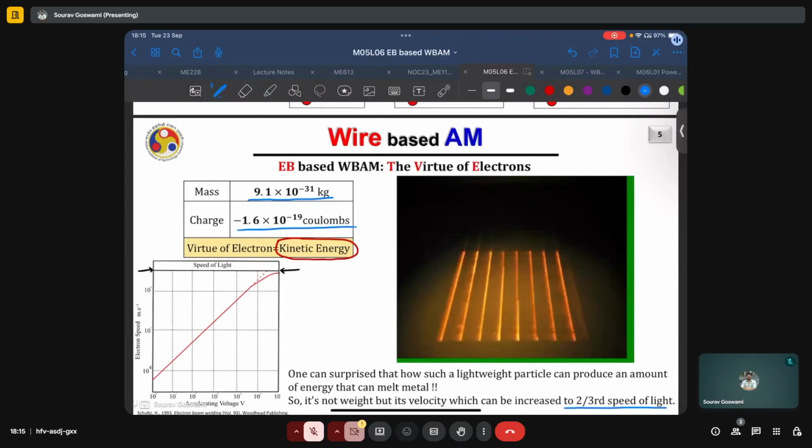And as we saw in this video to the right here, what might appear as multiple electron beams or multiple tracks is actually just one electron beam which is being scanned across the area to be printed. And because of the very low mass and very low inertia, it can be deflected at such high speeds that it appears to us as if there are multiple beams which are acting at the same time, whereas it is just one beam which is being deflected throughout the region of interest.